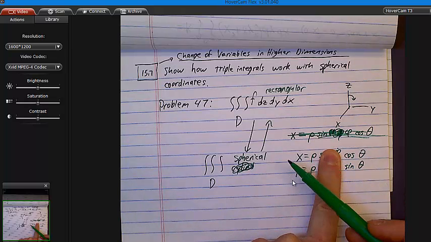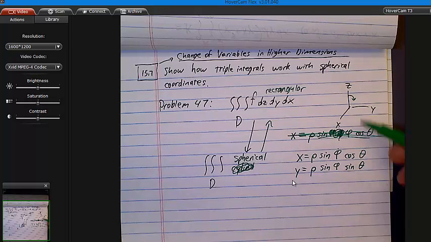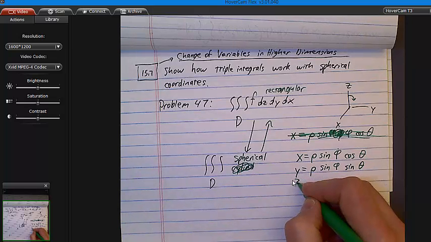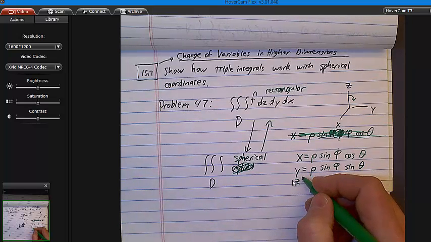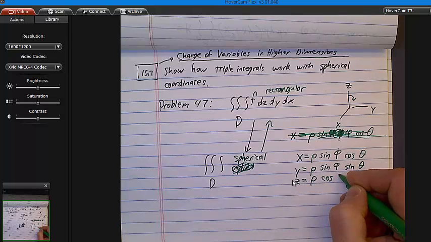All of a sudden my x and y are given by rho cosine theta and rho sine theta. What kind of coordinates do I have now, guys? Polar, right? If there were no z coordinate, these would just be polar coordinates. But there is a z, and that's why you need to measure the angle from the z-axis. And it turns out that z is equal to, and I think this is what I messed up last time, z is equal to rho times the cosine of phi.